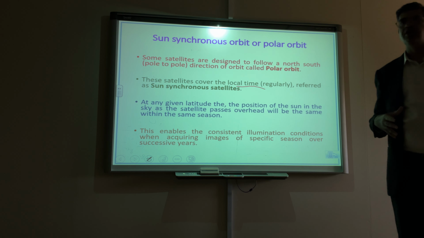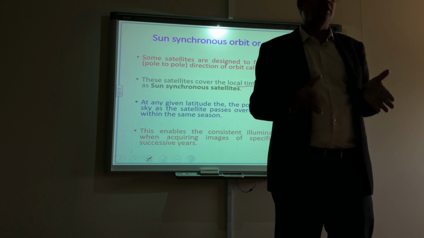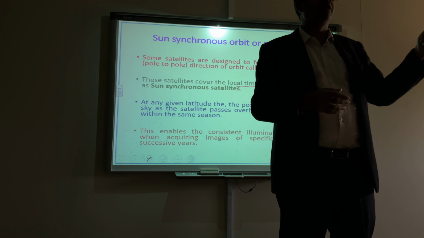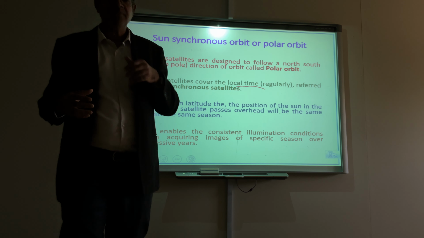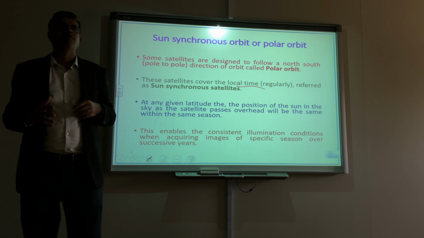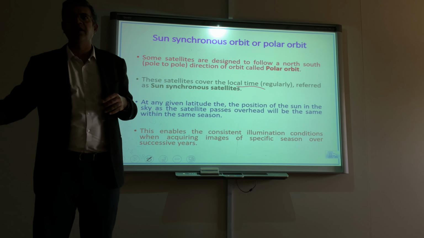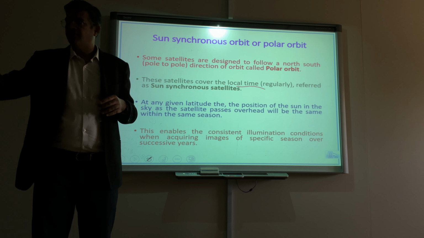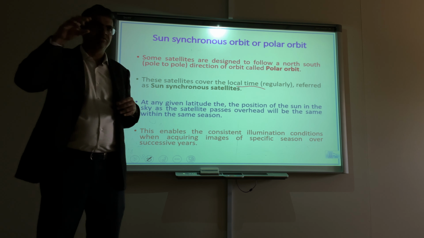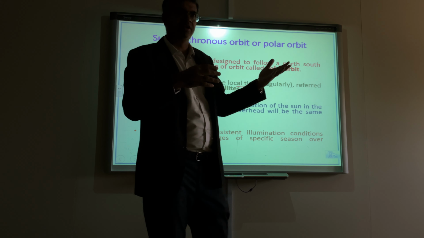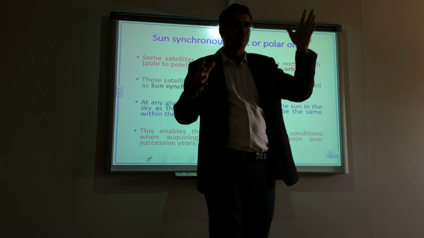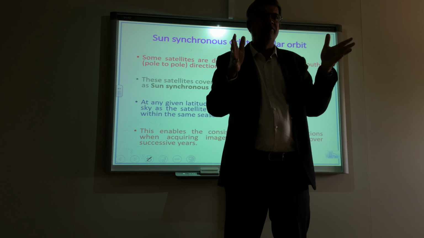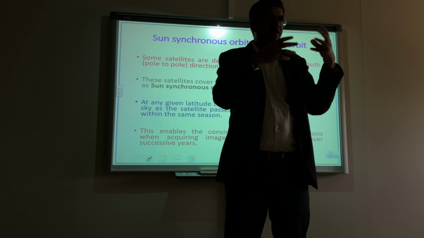Suppose you have an image of Riyadh taken today at 10 a.m. in the morning, and another image of Riyadh taken at 5 o'clock in the evening. At 5 o'clock in the evening the sunlight will be less because it is evening time. At 10 o'clock in the morning the sunlight will be more. So there you will find a difference in the image, based on the amount of light.